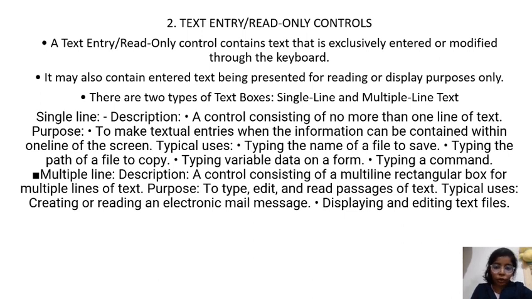Typical uses are typing the name of a file to save, typing the path of a file copy, typing variable data on a form, and typing a command. The multiple-line description is a control consisting of a multiple-line rectangular box for multiple lines of text, whose purpose is to type, edit, and read passages of text, typically used in creating or reading electronic mail messages and displaying and editing text fields.